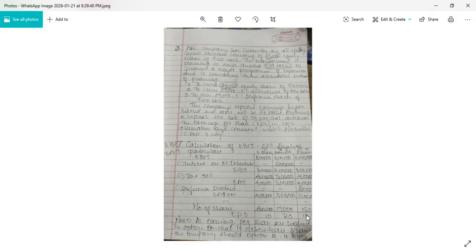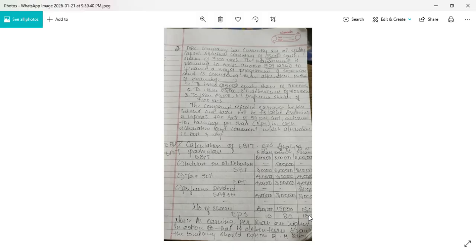And in the third option, we have 2 lakh. 2 lakh is our earnings available to equity shareholders. 2 lakh divided by 15,000, we will get 13. Now our earning per share in the third option is 13. So in the first option 10, in the second option 20, in the third option 13.